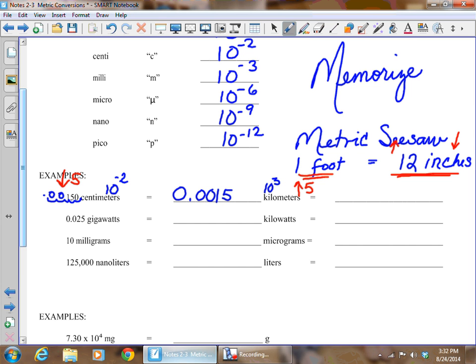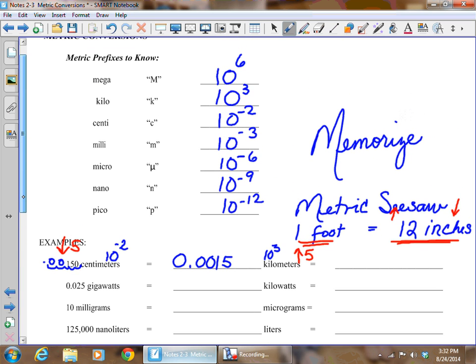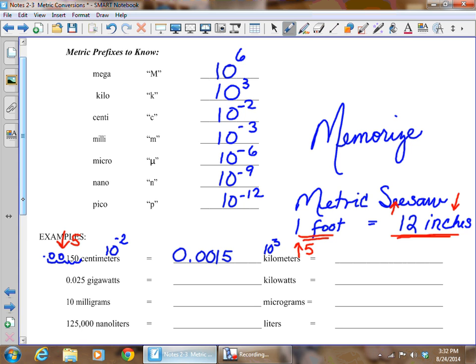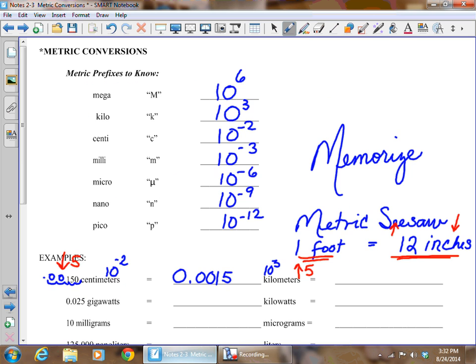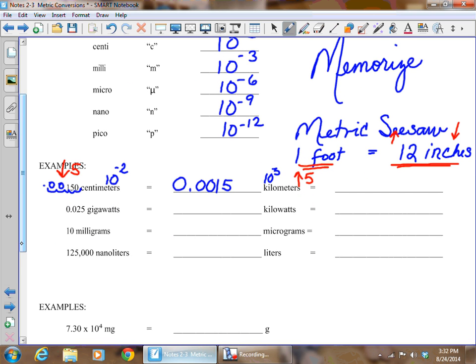The next one, we're going from gigawatts to kilowatts. And if you look up here, you'll notice that giga is not on this particular list, but it is on your extra list that you have. And you'll see that it's equal to 10 to the ninth right here. So we know that that's 10 to the ninth for our power of 10 for our prefix.